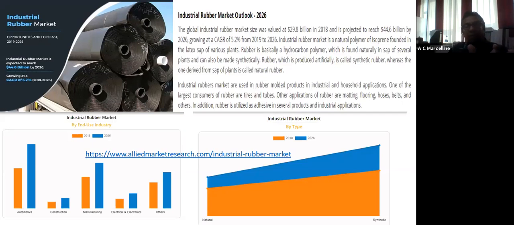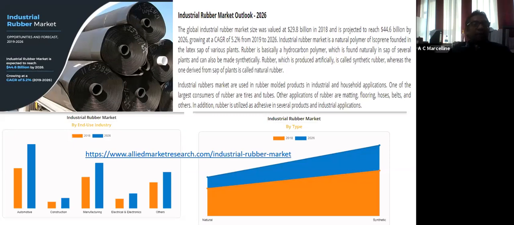You're looking at the growth within the next 7-10 years. This report is valid for us from 2000, and now we are already in 2020, so for the next 6 years the growth is going to be there. So we need to see how we can make use of it.